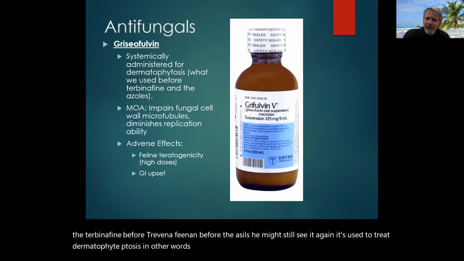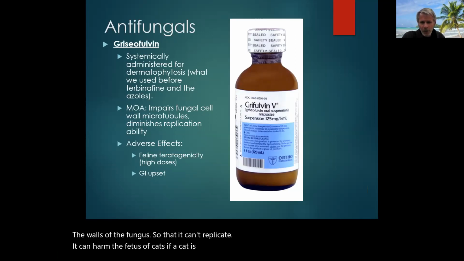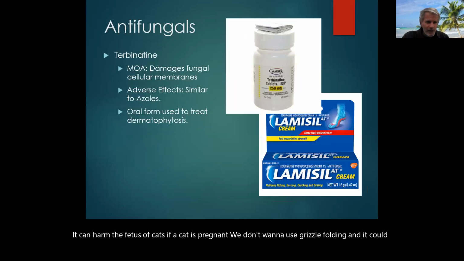This one actually interferes with the microtubules of the fungus so that it can't replicate. It can harm the fetus of a cat. If a cat is pregnant, we don't want to use griseofulvin, and it could cause vomiting and diarrhea.